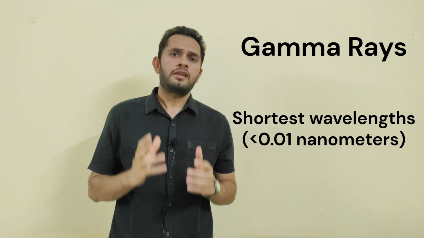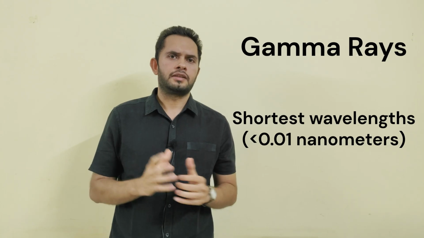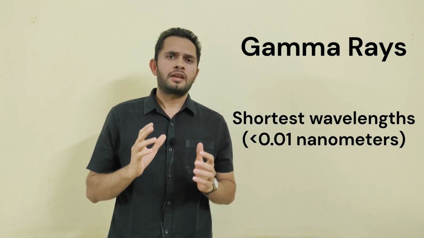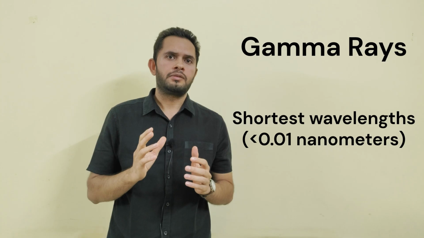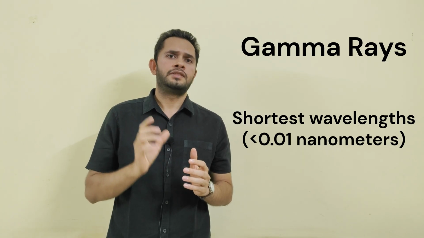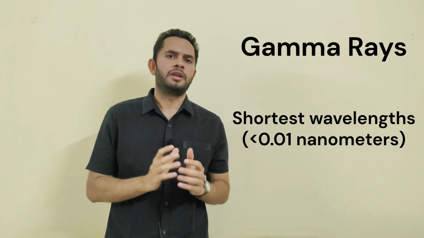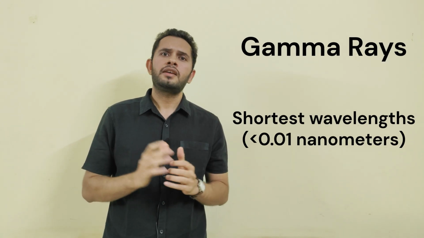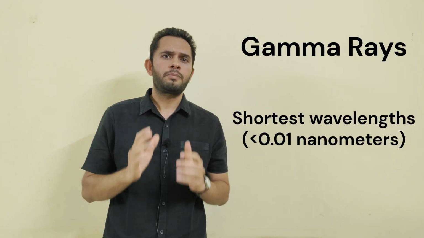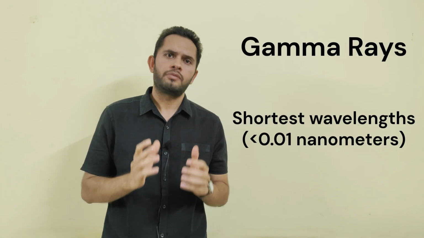The first region in the electromagnetic spectrum is gamma rays. Gamma rays have the shortest wavelength, which is less than 0.01 nanometer. They are very high in energy and they are not used in remote sensing very commonly.